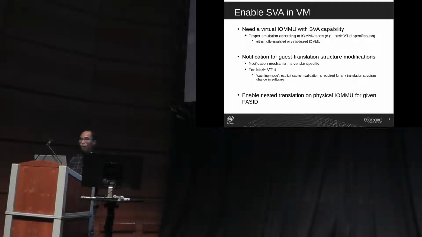Since some page tables are owned by the guest, there is a requirement for notification of guest translation structure modifications. For Intel VT-d, we have caching mode, which requires a translation cache invalidation for any translation structure modification in software, so that we can track the translation structure changes in the guest and modify them on the host side.